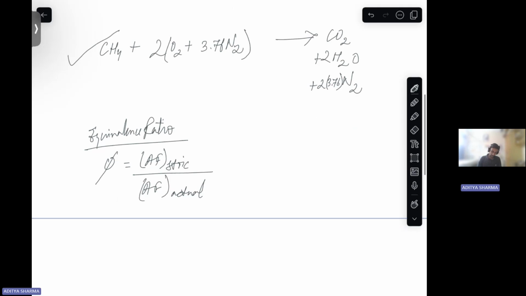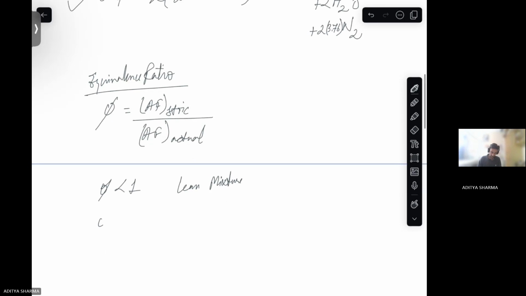If your phi is less than 1, we call it a lean mixture. If phi is greater than 1, we call it a rich mixture.